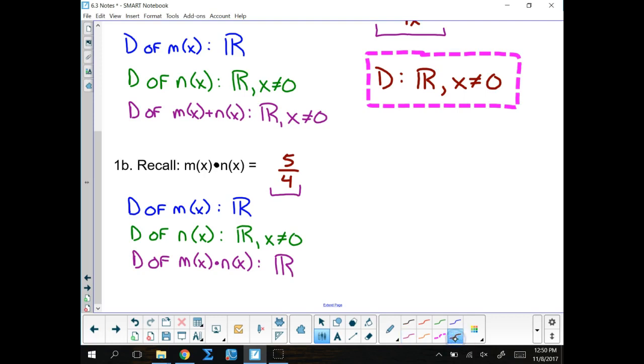So my domain here is going to be all real numbers, but x can't equal 0 because I've got that input. If I start out with x equals 0, I can't get to the product because n doesn't work out. Understand that?